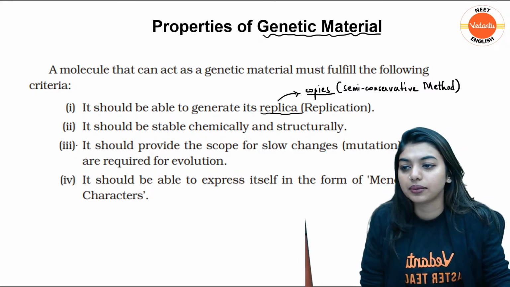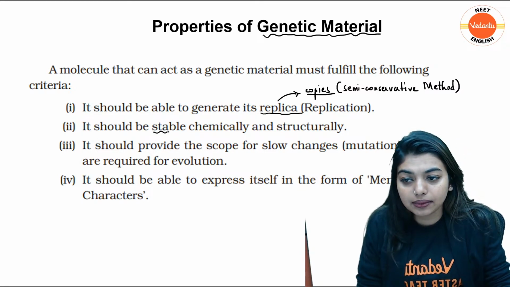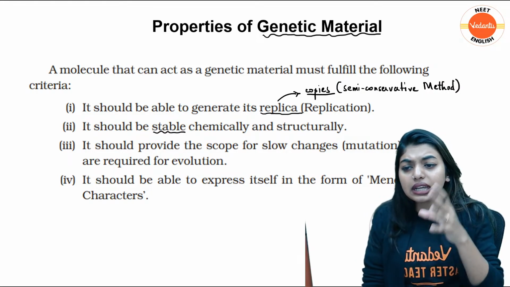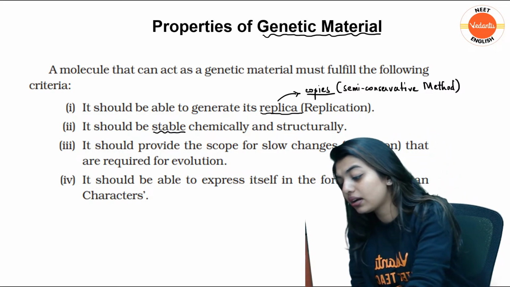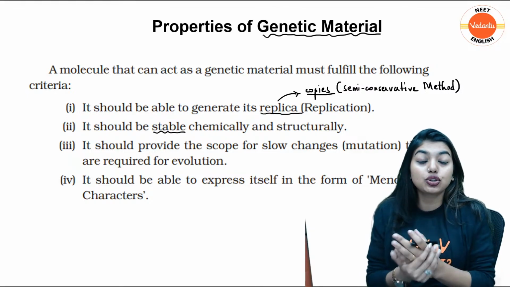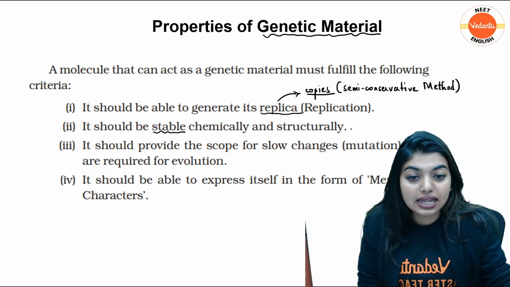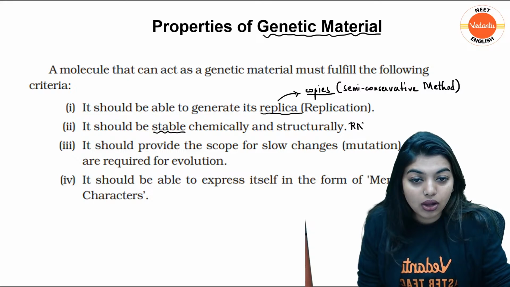Semi-conservative method. Then it should be stable chemically and structurally. Very, very important thing. I told you in yesterday's class, if you remember, that it should be chemically and structurally stable. What does it mean, students?